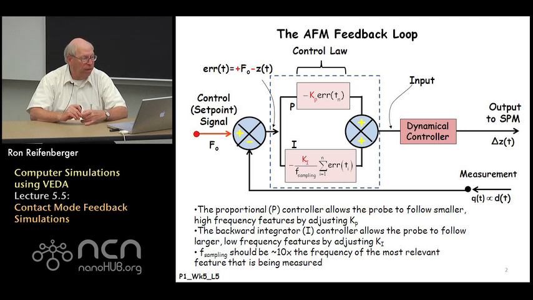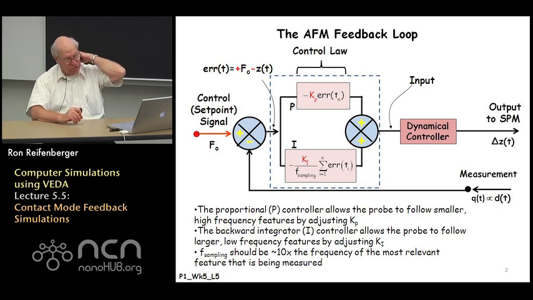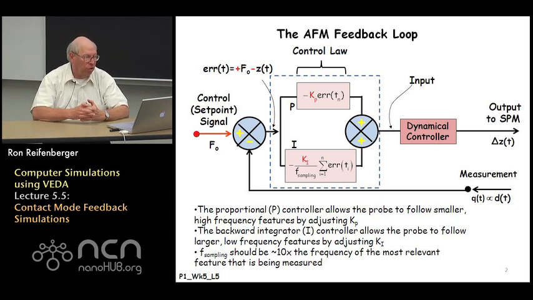That error signal is minimized by these two controllers that operate in parallel. One is the proportional controller, the other is the integral controller, right? The proportional controller produces a signal to the AFM, which is linear in the error signal.